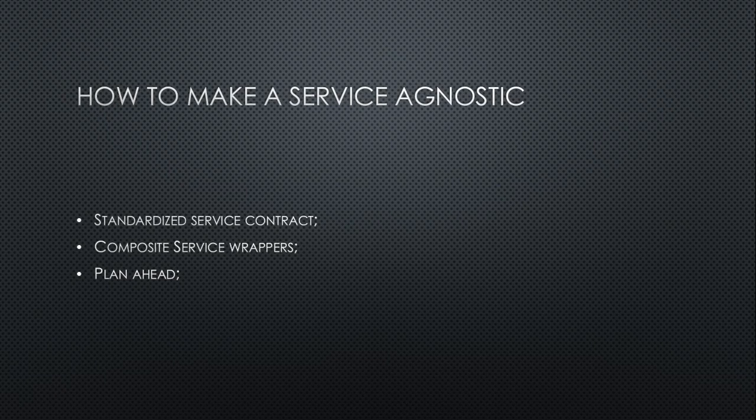Plan ahead. Now, I know you don't have a crystal ball, you can't foresee every possible occasion, but you can do things that might make it easier. I have used what I call a universal data transfer object that includes a number of fields that are message specific, and every message is going to have them. So therefore, you don't have to reinvent that and put it into every schema, and then you just change the payload.